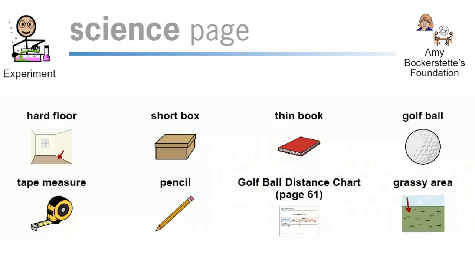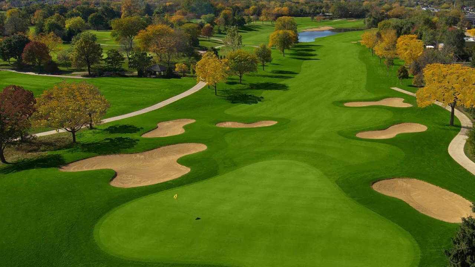I used a concrete area for my hard floor, and then I found 2 grassy areas because a golf course has different types of grassy areas. They have what's called a fairway, and the grass is cut really short on the fairway. And they have what's called the rough, where the grass is a lot longer. So I do have 2 different grassy areas that I performed this experiment at.